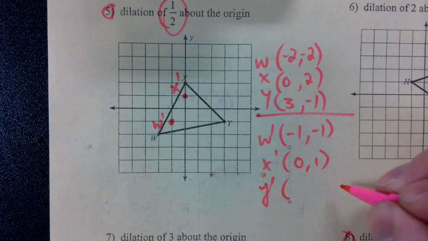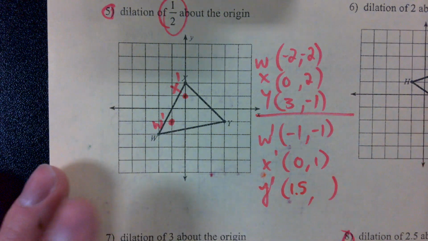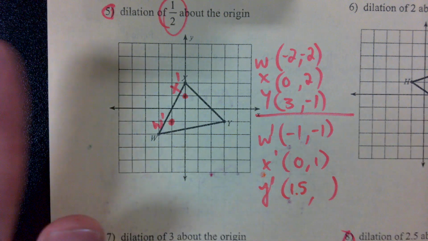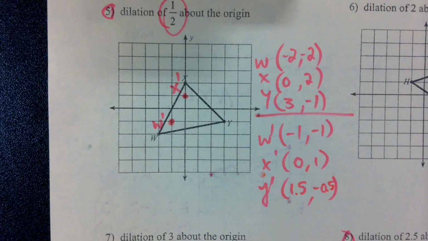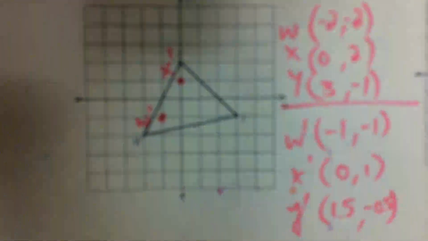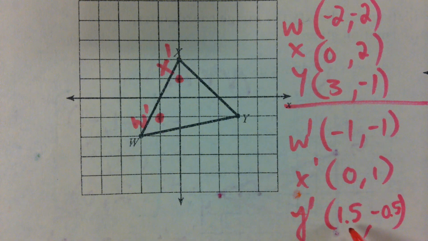Now Y prime is where it gets tricky, because what's half of 3? 1.5, right? I'm just going to write it as a decimal, 1.5. And what's half of -1? -0.5. That's right. So Y prime is going to be a little bit harder for us to graph, but we can still graph it. We're going to go over 1.5, and then we're going to go down 0.5.